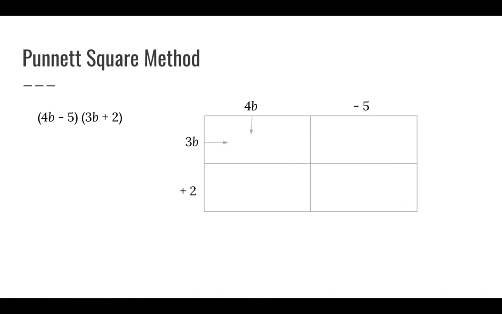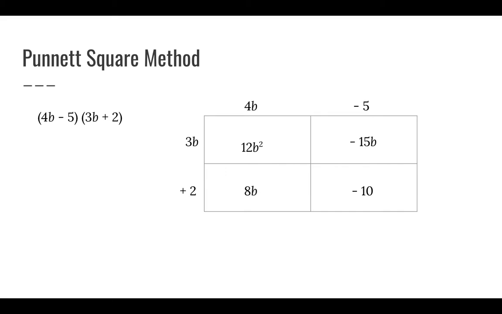So in the first box, I'll take 4b and 3b to give us 12b squared. Then I'll go across, take negative 5 times 3b to give us negative 15b. Then I'll move down to the bottom, take 4b times 2, give us a positive 8b, and then I'll finish off doing negative 5 times positive 2 to give negative 10.